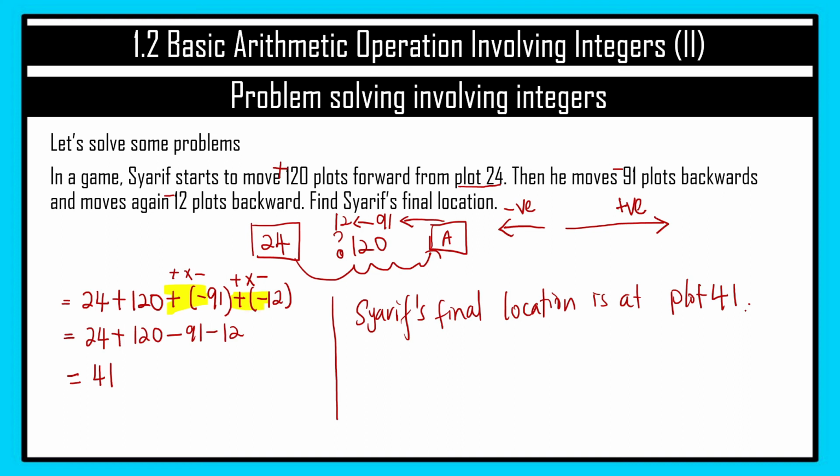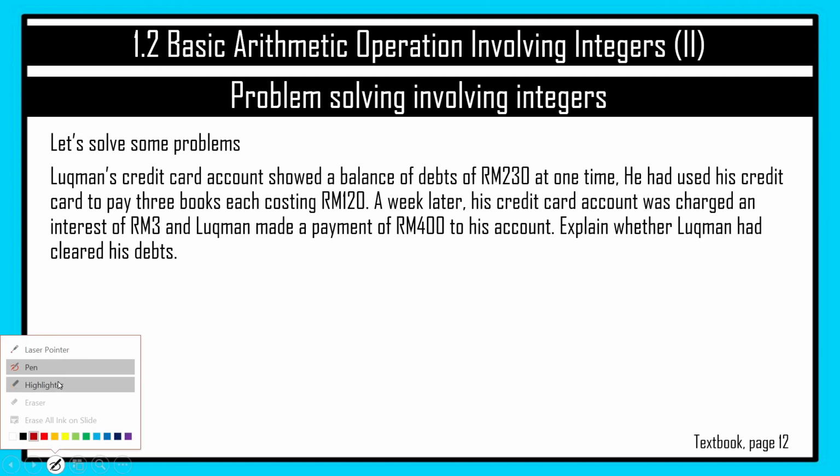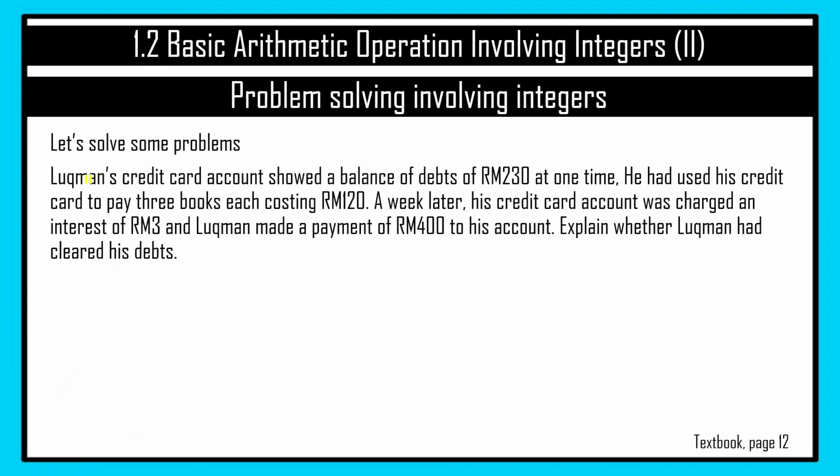Okay, let's look at another question. Now, this question is even longer. So remember what I told you just now, you need to read it. Let's read it together. Alright, Lokman's credit card account shows a balance of debt. Okay, first point, debt. That means it is negative. We did this in the earlier lesson. 230 at one time.